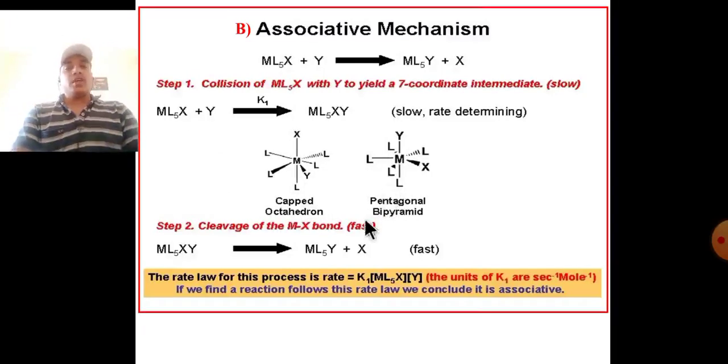Then cleavage of the leaving ligand, that is the MX bond breaks, and it converts into MLβ‚…Y plus X. The rate depends on the first step, so rate is equal to k into MLβ‚…X into Y.